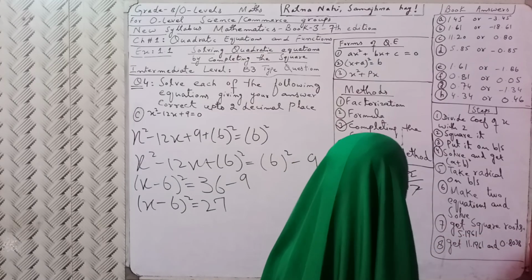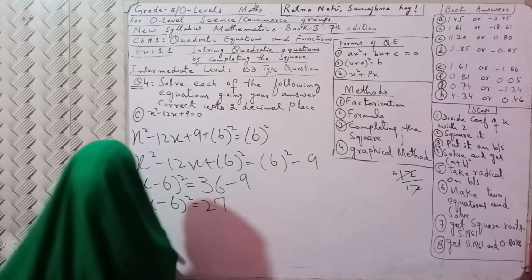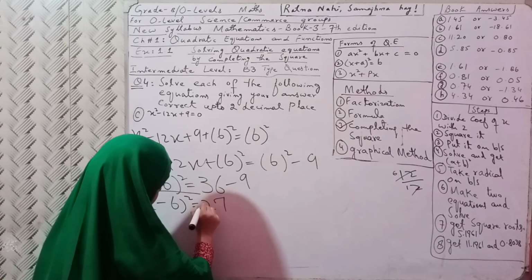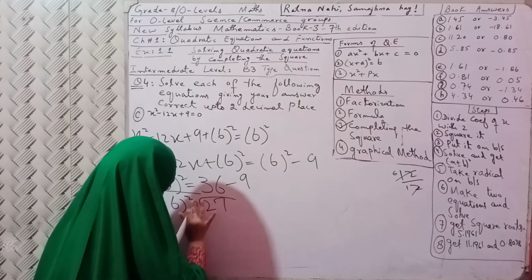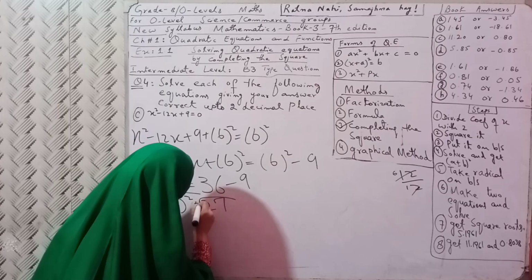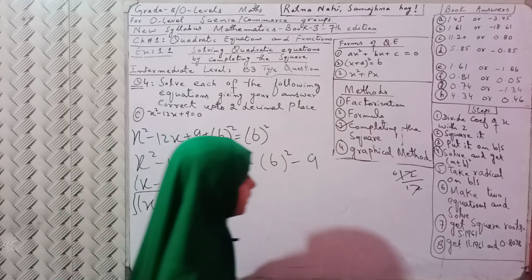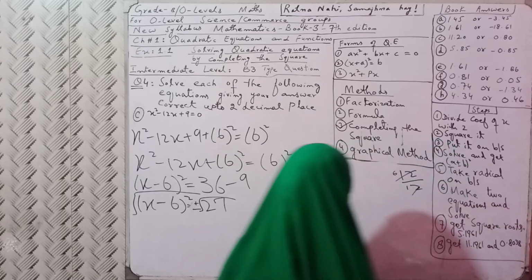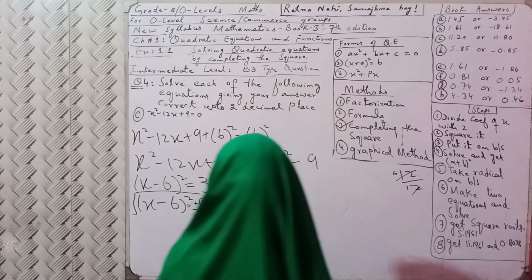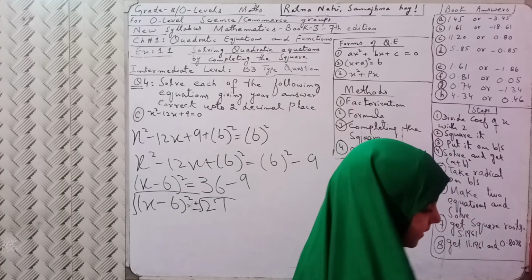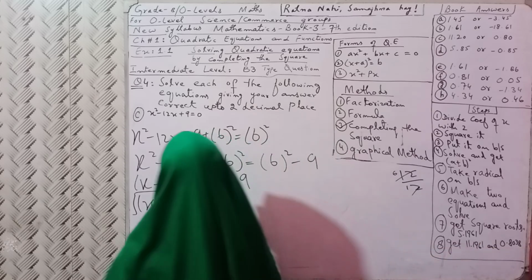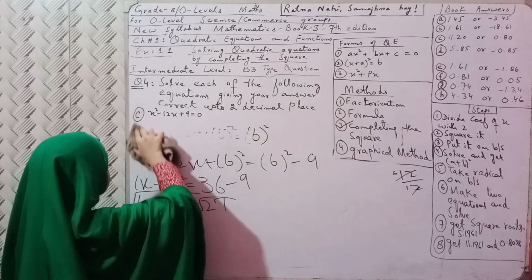Then take radical on both sides. Then make the equation and solve. So I have no space, that's why I need to remove this and I am removing it.